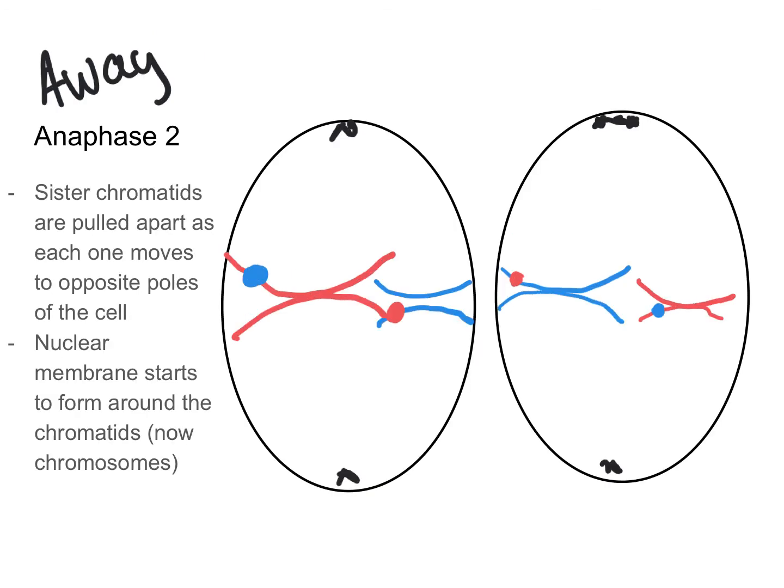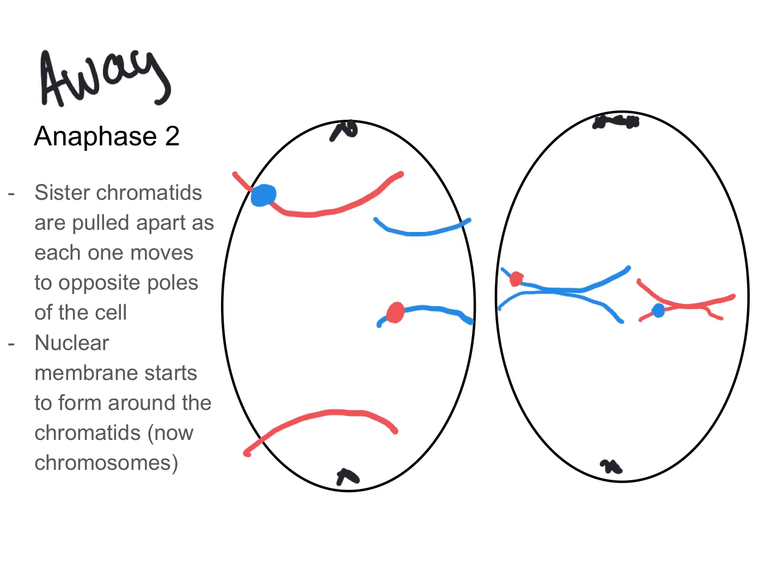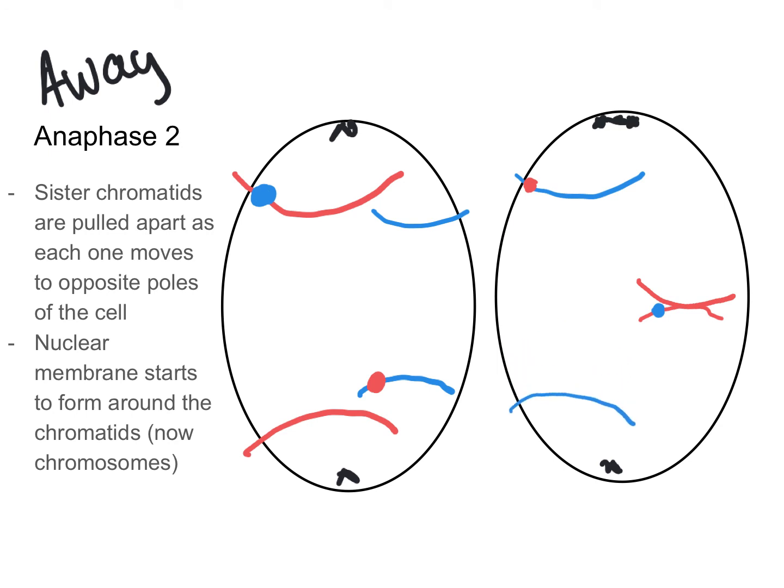Here in anaphase 2, we now have our sister chromatids finally being pulled apart to opposite ends of the cell. This, of course, is done via our spindle fibers.